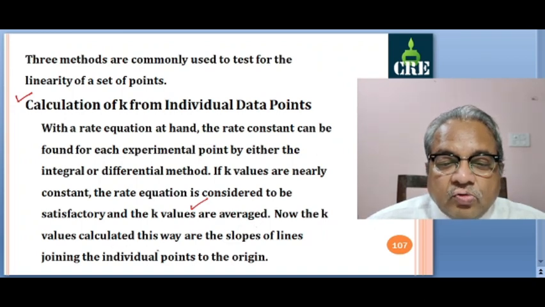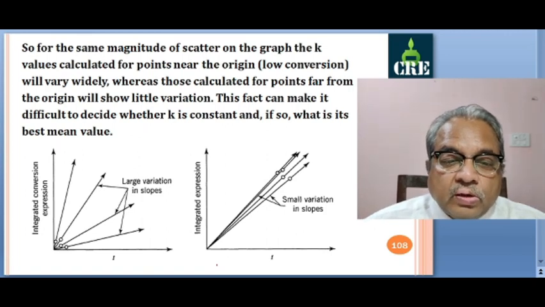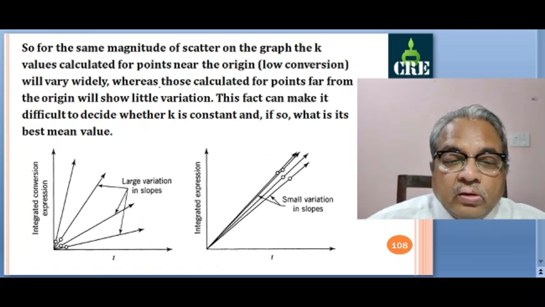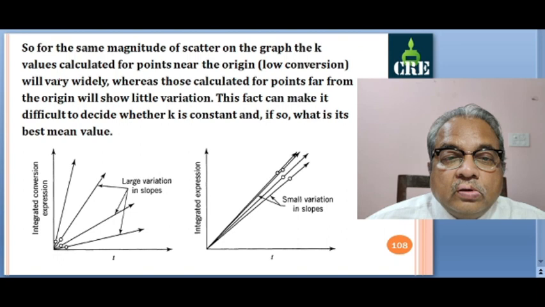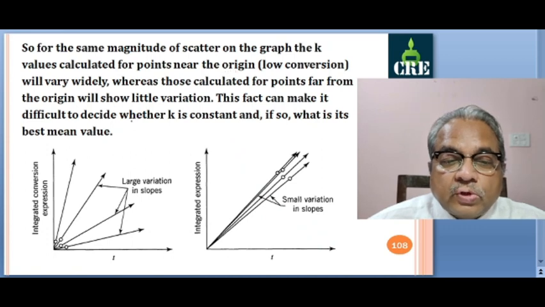Now the k values calculated this way are slopes of the lines adjoining individual points to the origin. For the same magnitude of scatter on the graph, k values are calculated for the points near the origin.